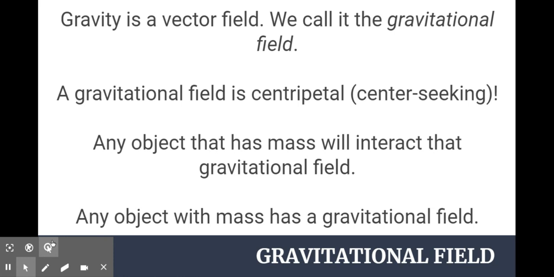It is center seeking. So any object that has mass is going to interact with this gravitational field, and any object that has mass is going to cause a gravitational field. Okay, so an object has mass, it will generate its own gravitational field, and it will also interact with any other gravitational fields from other objects.